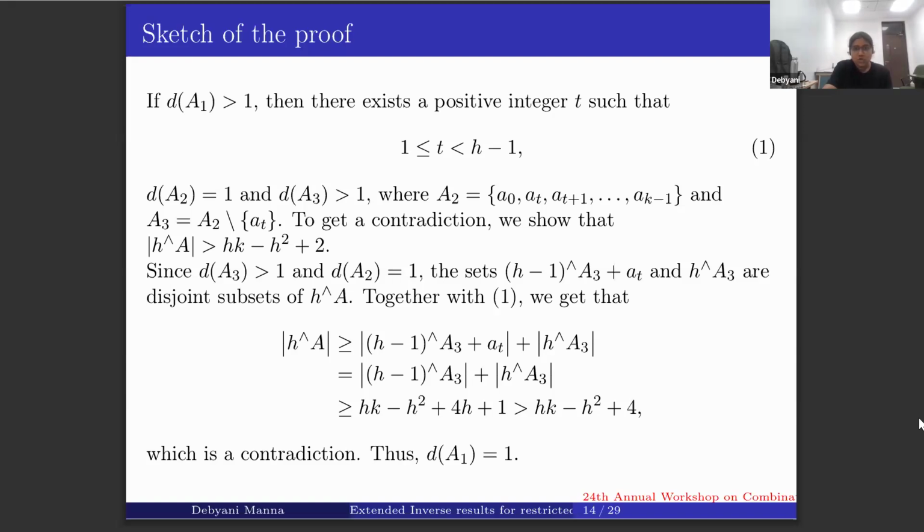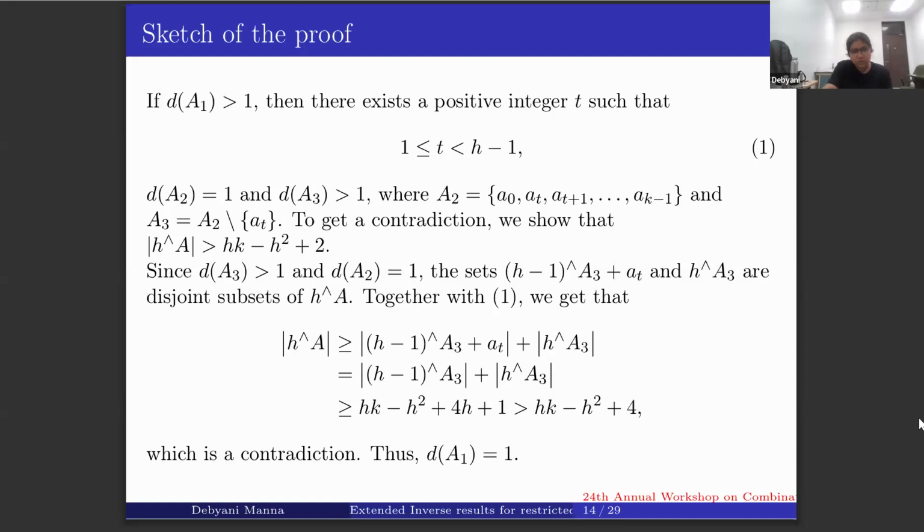Since the GCD of A3 is greater than 1 and the GCD of A2 is 1, the sets (h-1)-fold restricted sumset of A3 plus a_t, which becomes the h-fold, and the h-fold restricted sumset of A3 are disjoint subsets of h^A. So by the way we chose t, h^A will be greater than or equal to this.